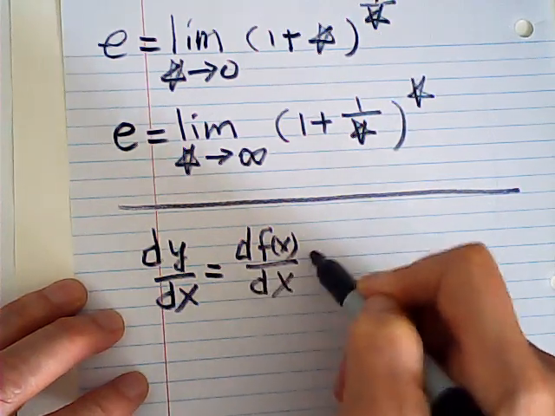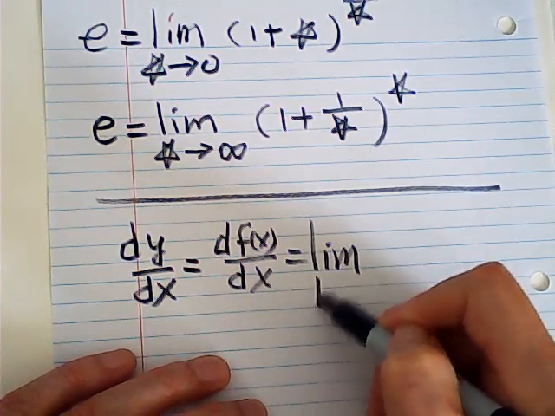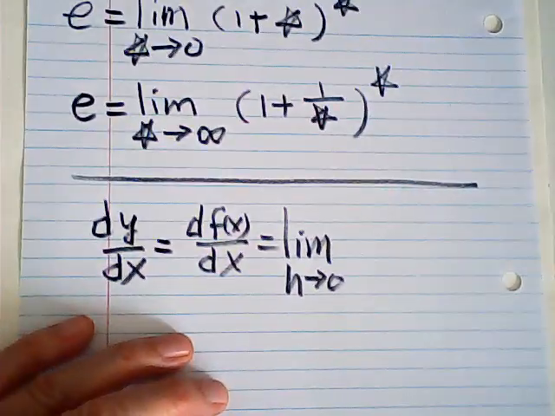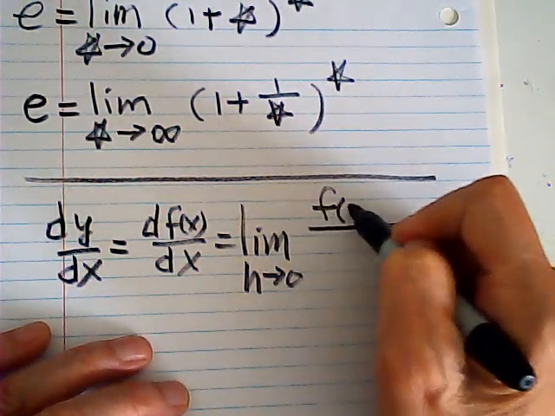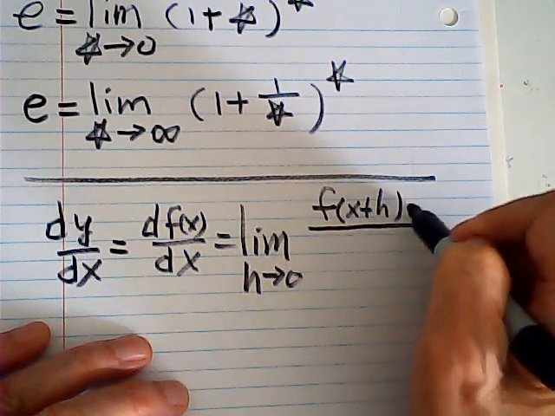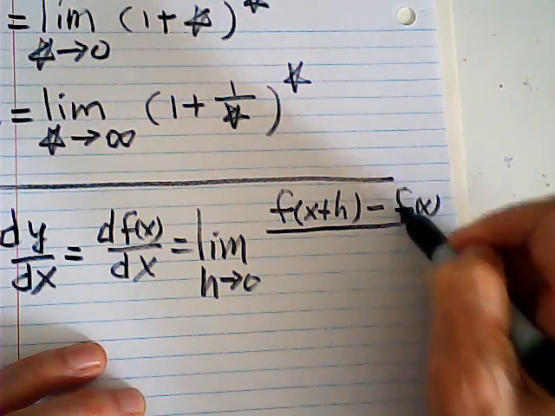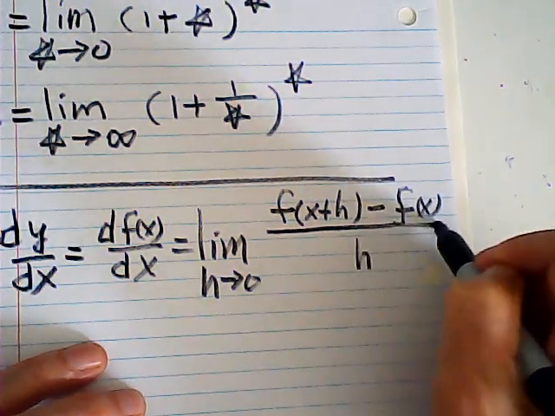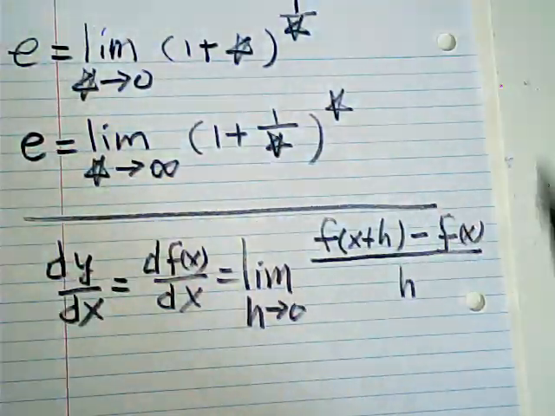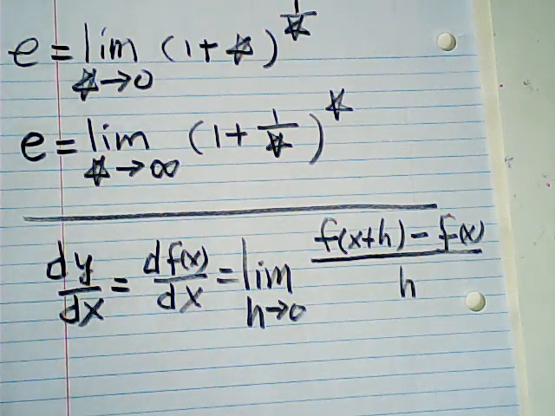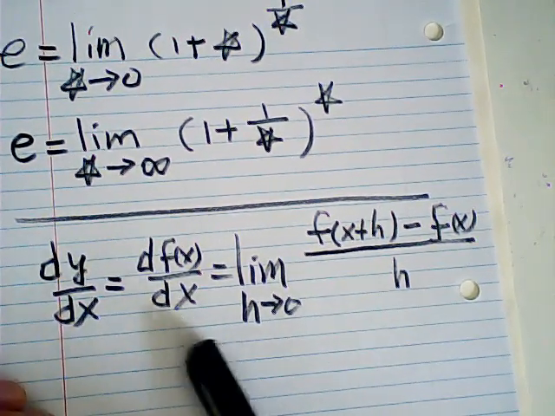The definition is the limit as h goes to 0 of f of x plus h minus f of x, over h. Okay, this is the definition of the derivative of f with respect to x.